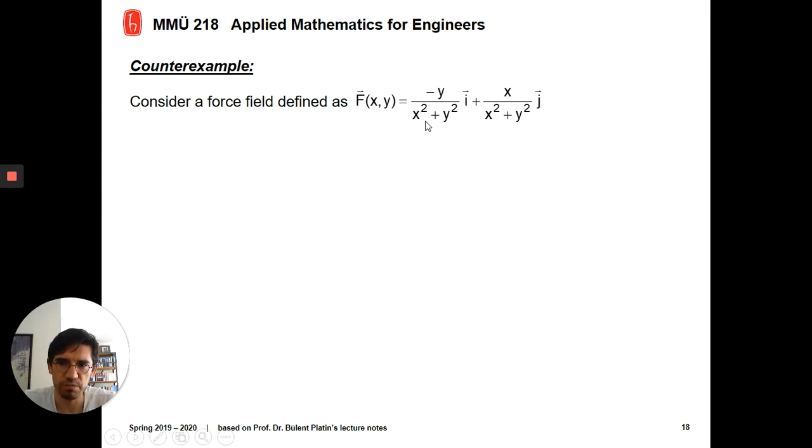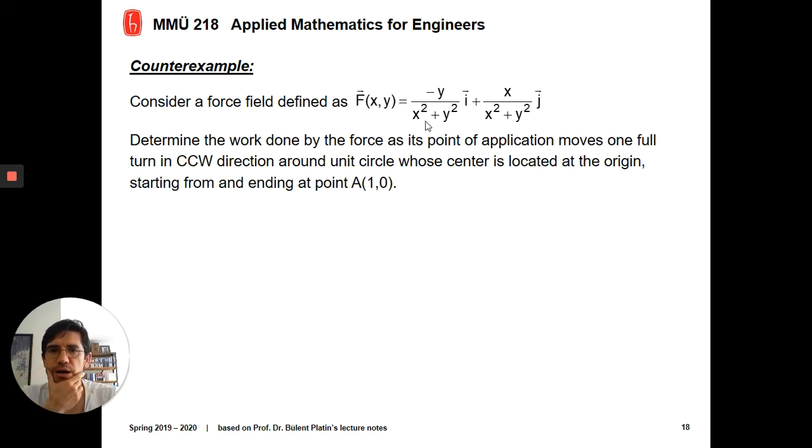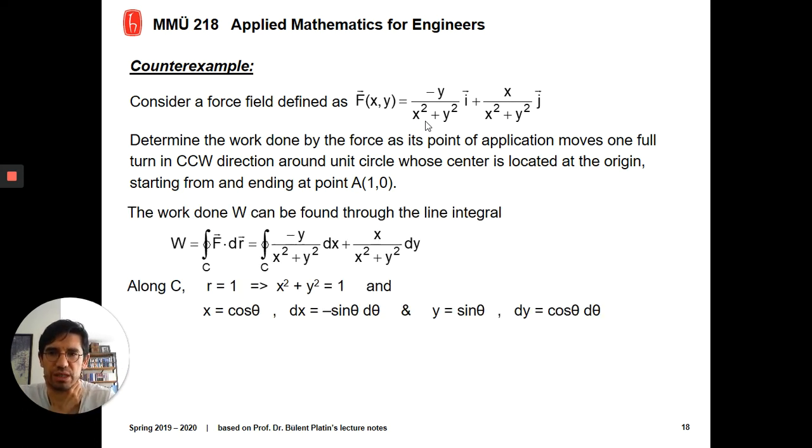So there is some infinity type of problem here, which tells me that this vector field is shaky around the origin. Now, I'm gonna do a full circle in this field, counterclockwise direction, starting from point 10 and rotating all the way around back to point 10.